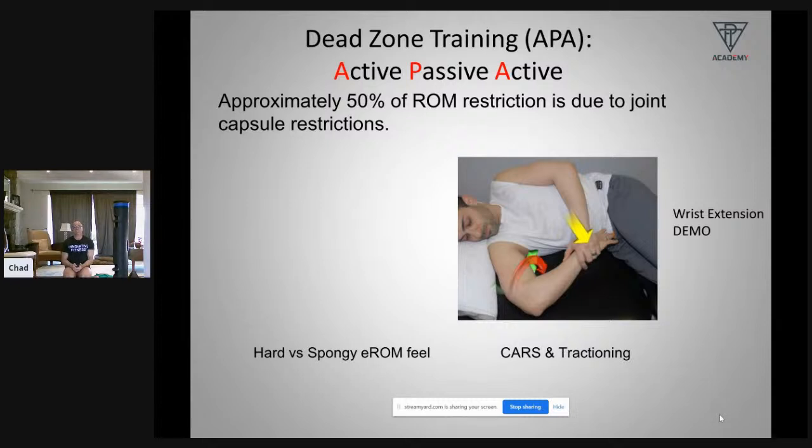It's essential to realize that if we have an active-passive range difference, we take that as a first step towards our mobility program, to start to understand that there's a scientific language, a scientific set of mobility principles that must be applied, versus just randomly attaching a band to my hip, randomly doing a stretching program that I found on the internet. You need to take a very strategic approach to it.